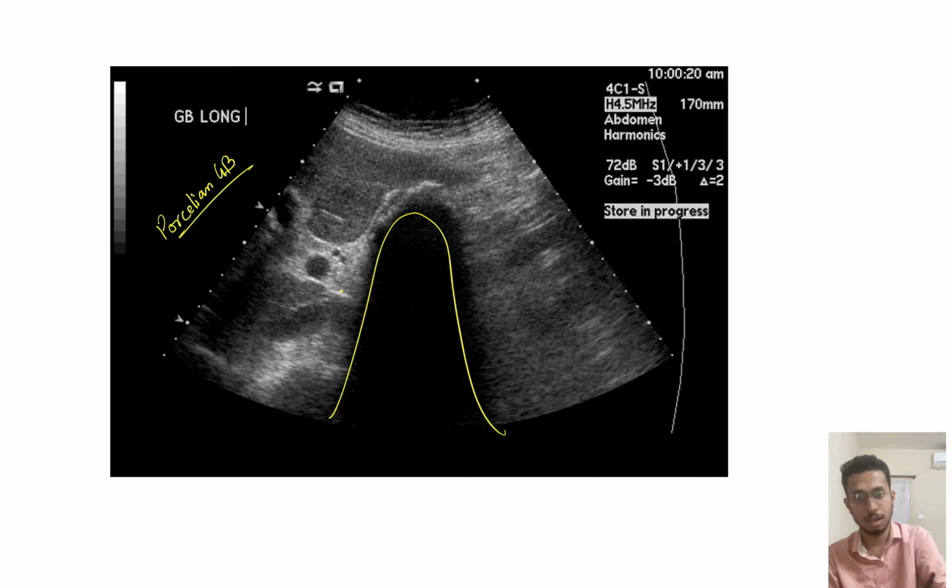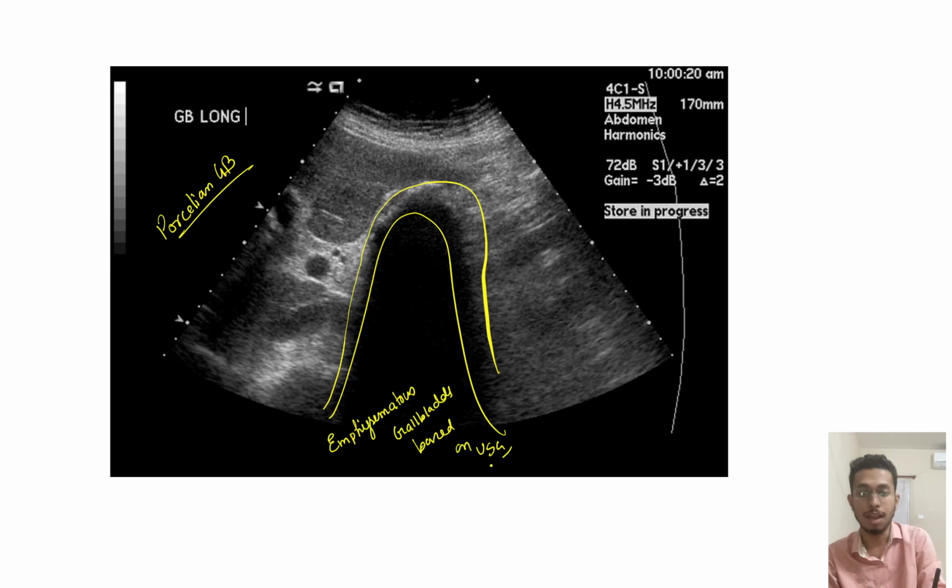And there is thickening of the anterior margin present. Now, because this is suggestive of air-like feature, this is a close differential diagnosis of emphysematous gallbladder based on USG imaging.